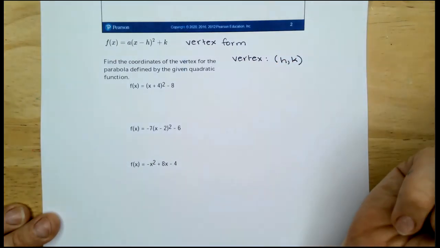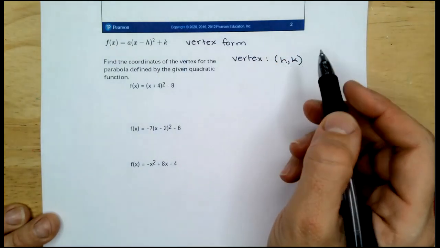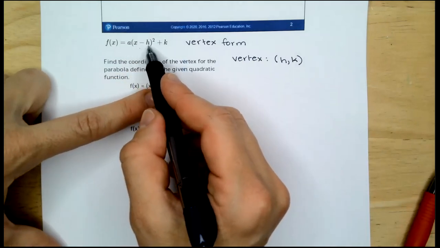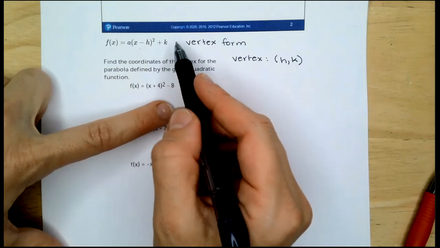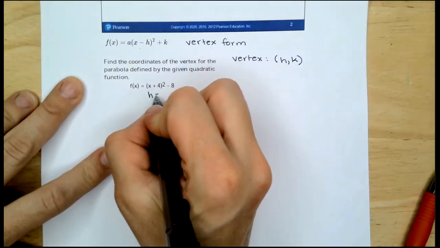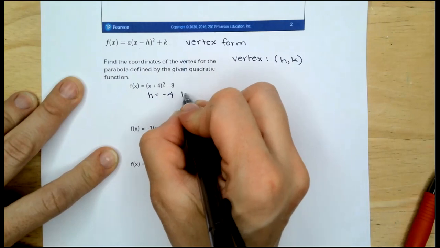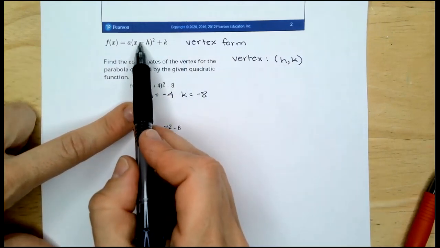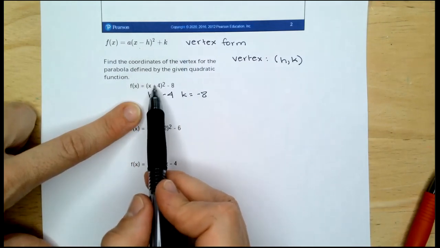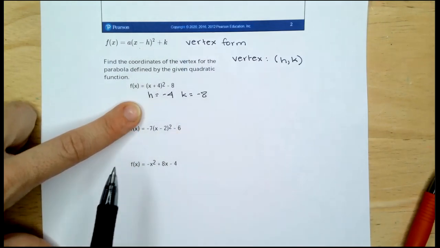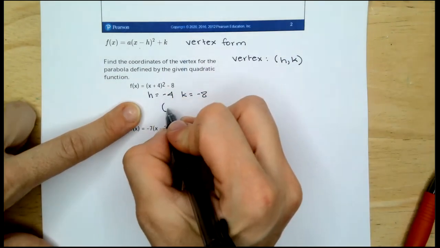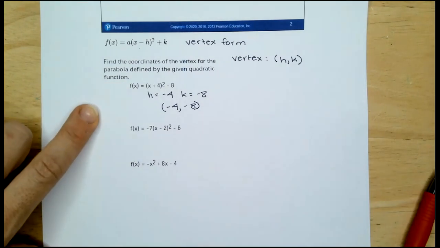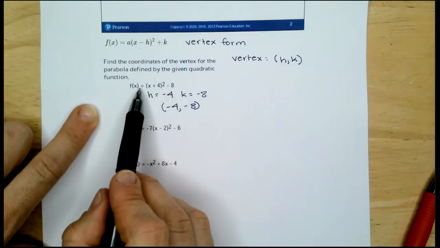I don't know if you've studied the equation of a circle, but the vertex of a circle is also (h, k). So here, h is negative 4, k is negative 8, because negative h is a 4. Negative 4, negative 8 is your vertex for this parabola.